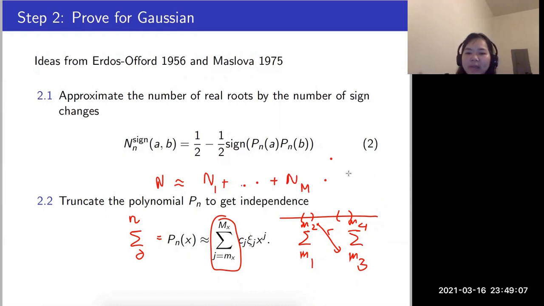So we take, for example, N1 plus N5 and N10. Some of these are far away, and we show that these are independent by this trick to get independence, and then the rest, these N2 and N3, we show that these are negligible.